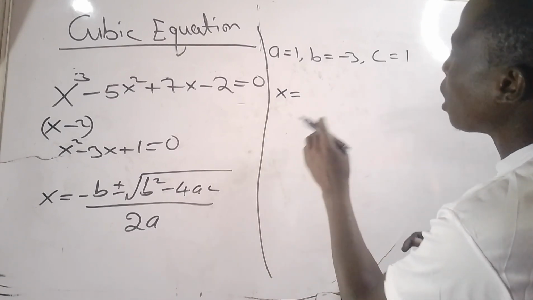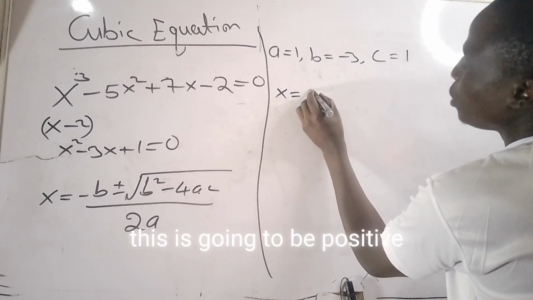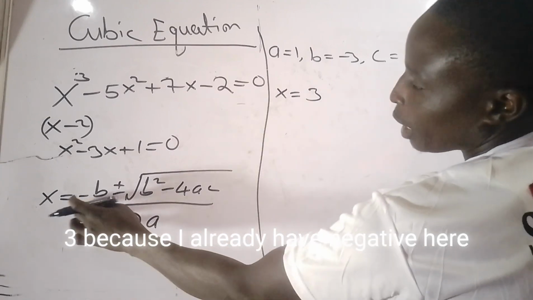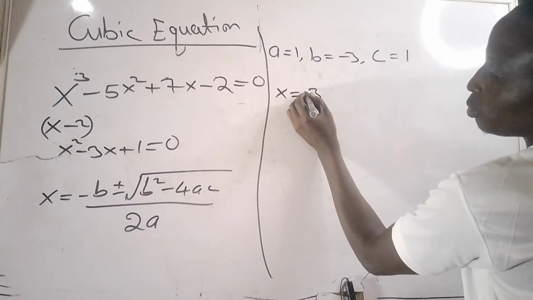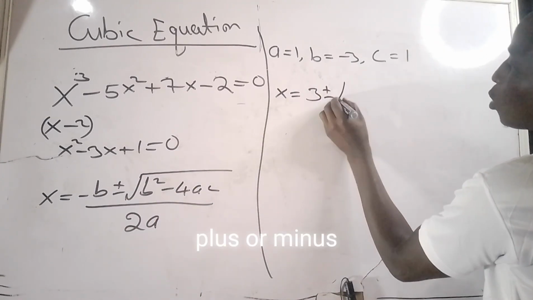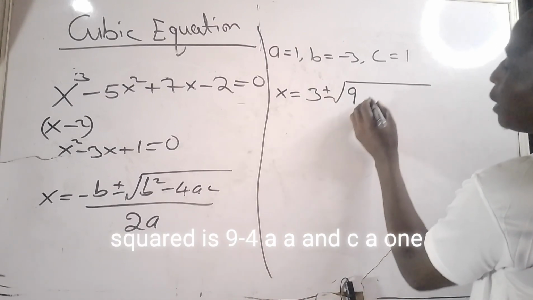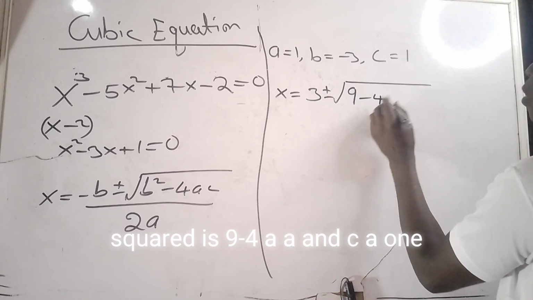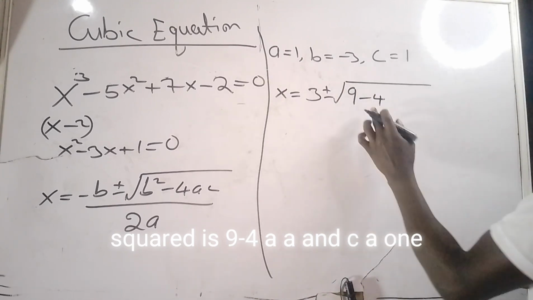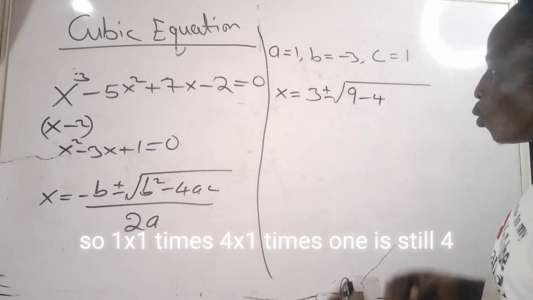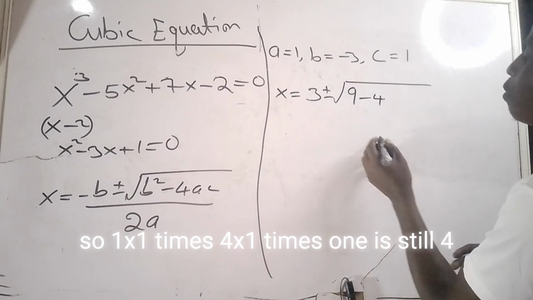Negative, this is going to be positive 3 because I already have negative here, plus or minus square root of 3 squared, which is 9, minus 4. A and c are 1, so 4 times 1 times 1 is still 4.